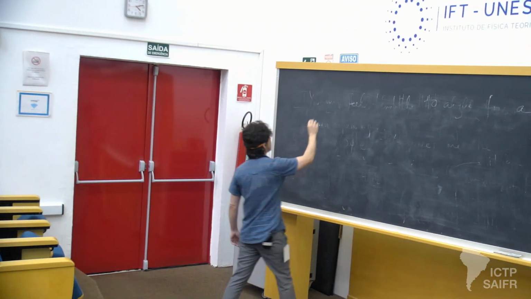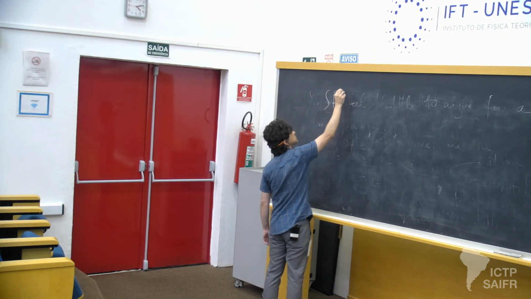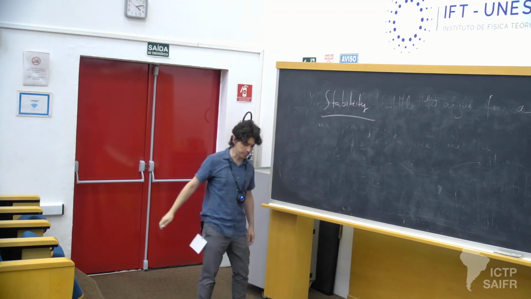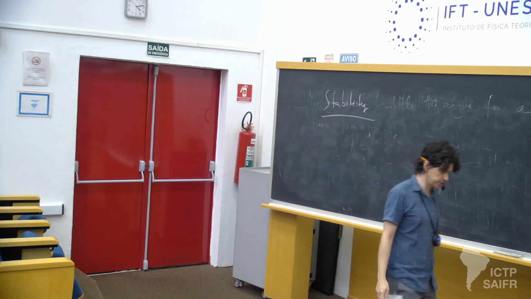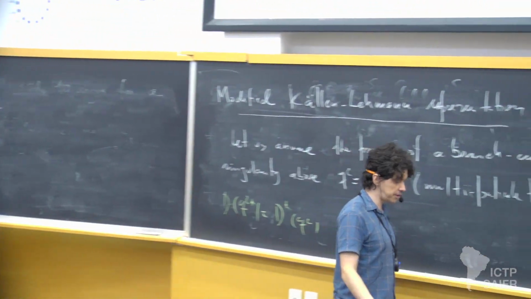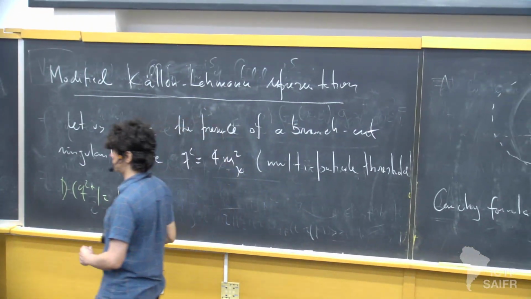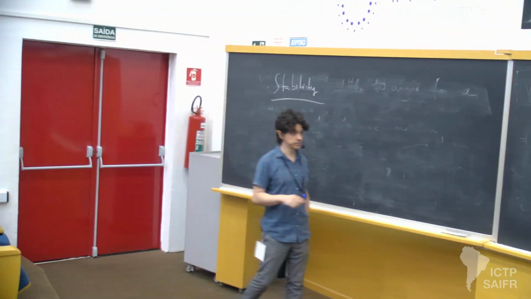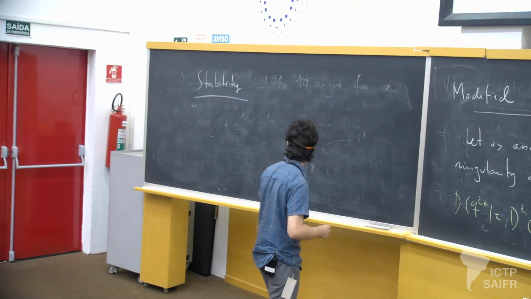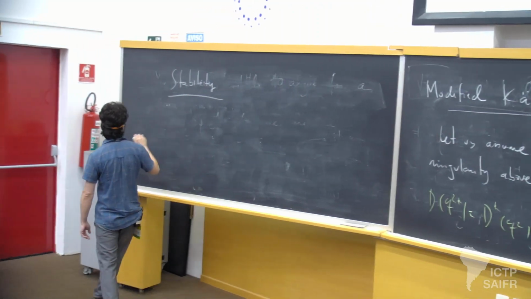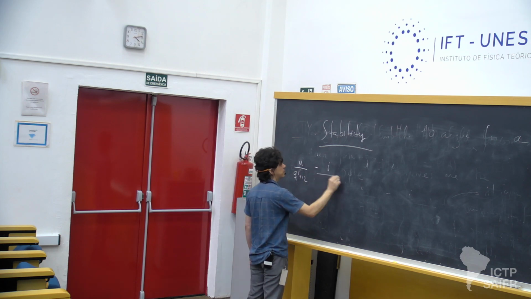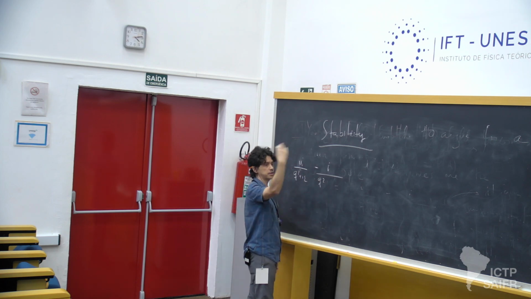Okay, so let's talk a little bit about stability, right? I'm not saying, again, that I'm giving you a proof that those theories are stable. I'm just giving you a piece of evidence that they may be stable. So let's take the approximation that we did. We just have this form of the propagator, s squared minus i, supposing we are in the narrow width approximation.